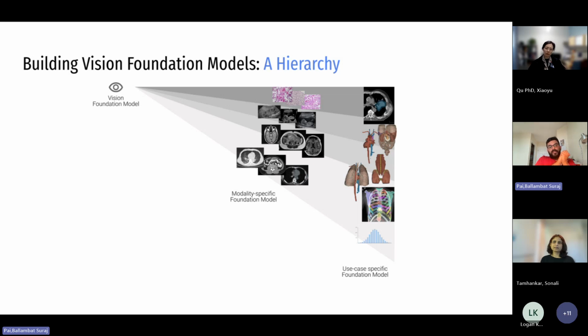And I would think of this not as each one of these being independent foundation models, but as flowing through the hierarchy. You could start from a very general natural image vision foundation model and then move over those representations from the general image to better understanding an image of a specific modality such as CT.